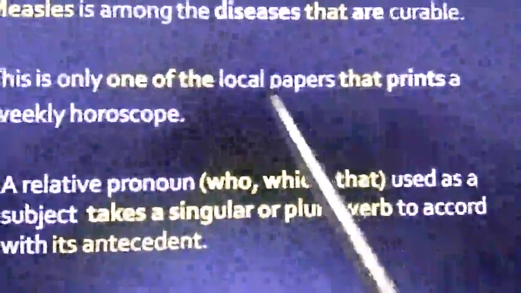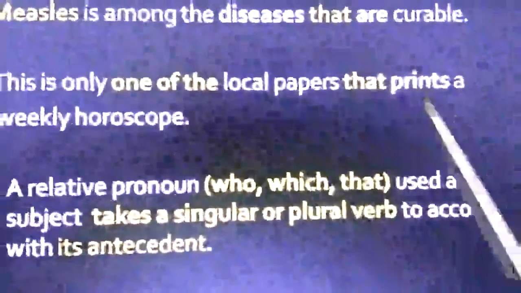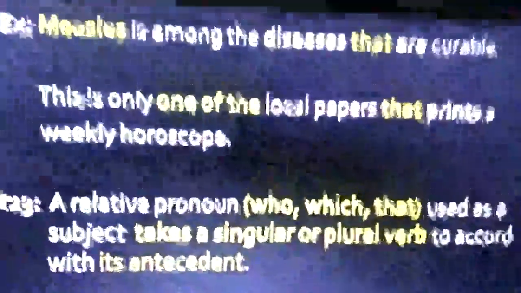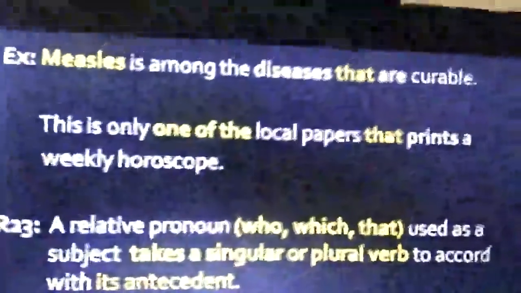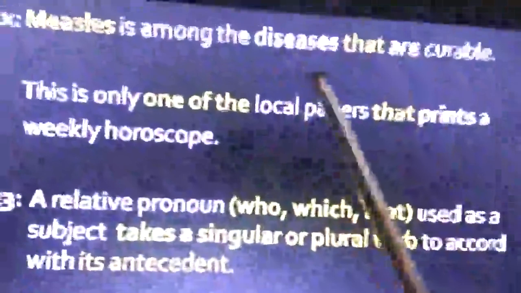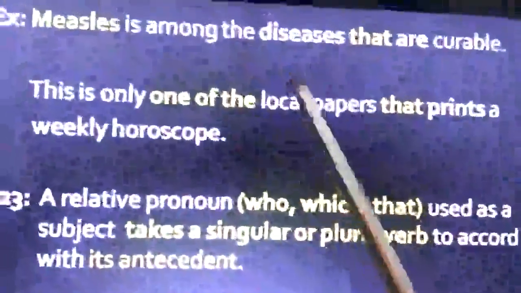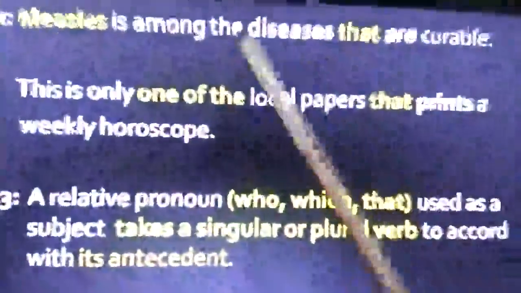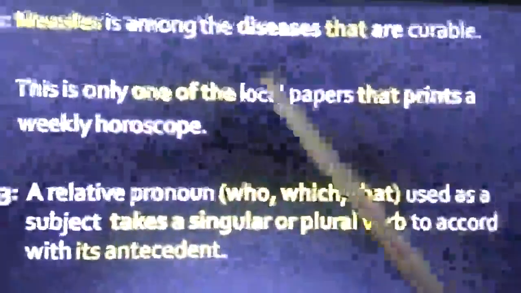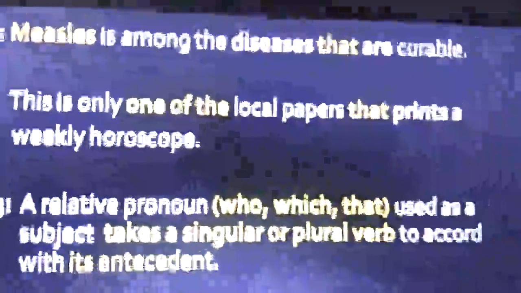So this is what we have to remember in a sentence. If we find any relative pronoun, the noun that is preceded by the relative pronoun decides the verb. If that is in singular, the verb also will be in singular. If that is in plural, then the verb will be in plural.